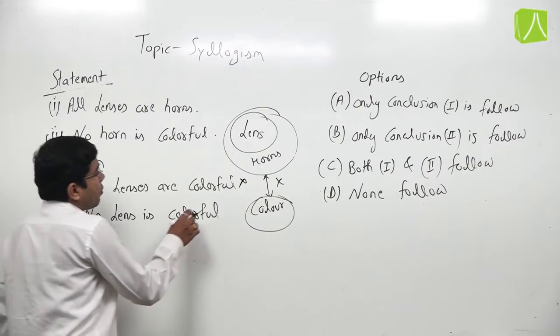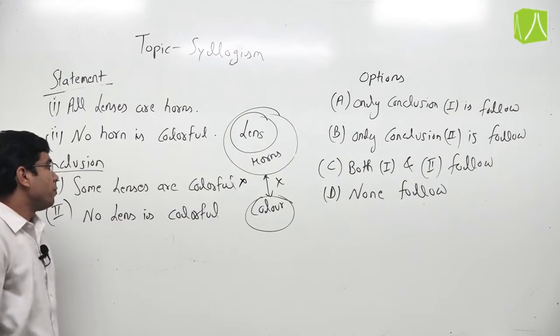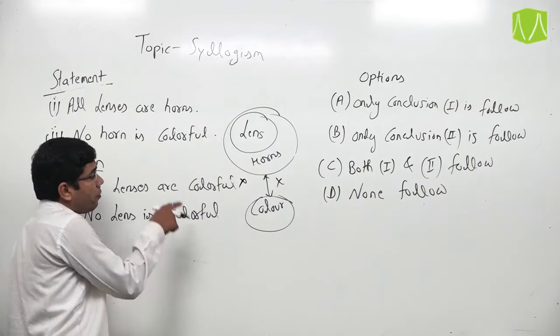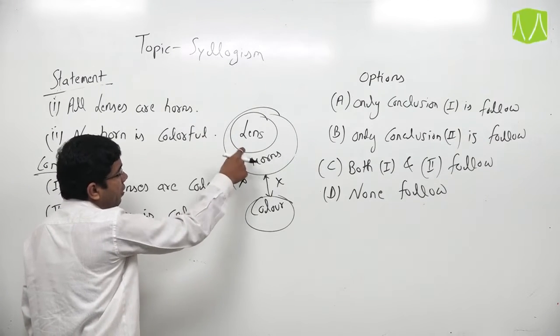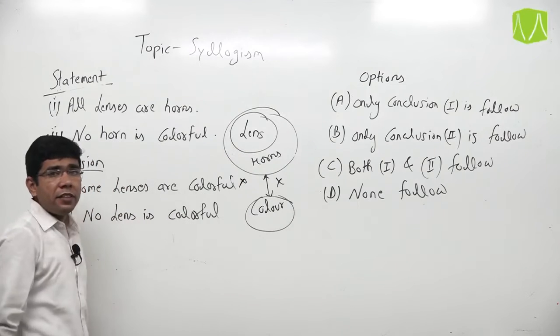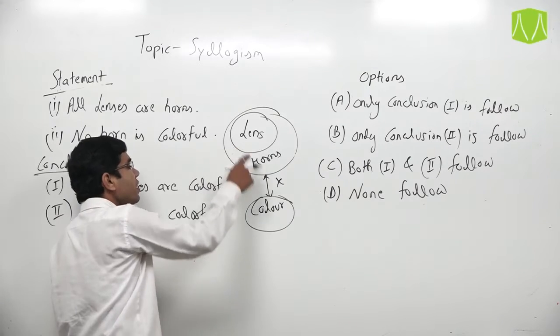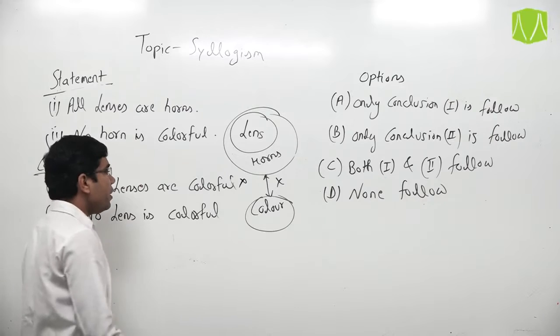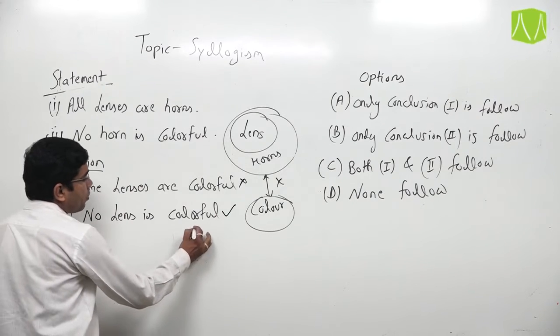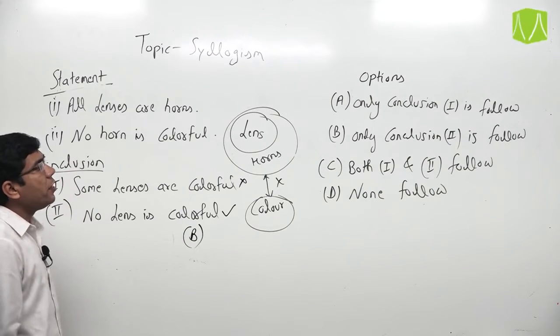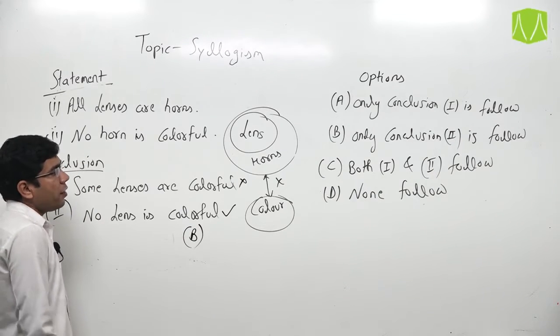Second, no lens is colorful. It means lens is covered by horns and horns cannot be connected with color. So it is sure that lens and color cannot connect. So the second conclusion is correct. So for this question our answer should be option B, only the second conclusion is correct.